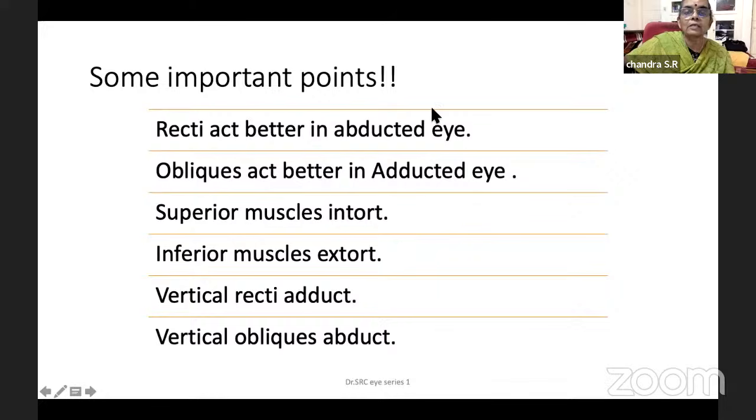So recti act better in the abducted eye. Obliques act better in the adducted eye. Superior muscles, superior rectus and superior oblique, intort. Inferior muscles, inferior rectus and inferior oblique, extort. Vertical recti adduct. Vertical obliques abduct.